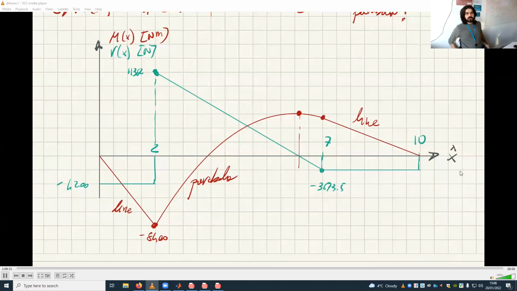Now, Joe is asking, how do you know how high the parabola is? Well, you have to actually find it. So you have to find this point first. What's this point here? How do you find this point? Well, this is V of x. So I can find V of whatever equal to 0. So I can find whatever that is.